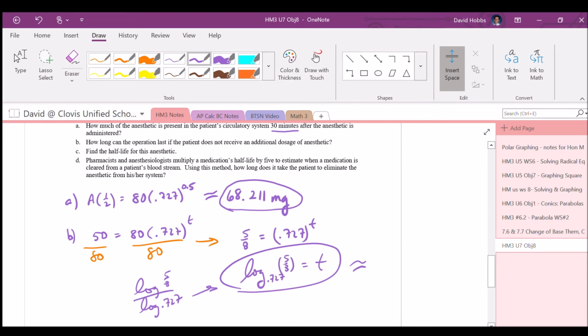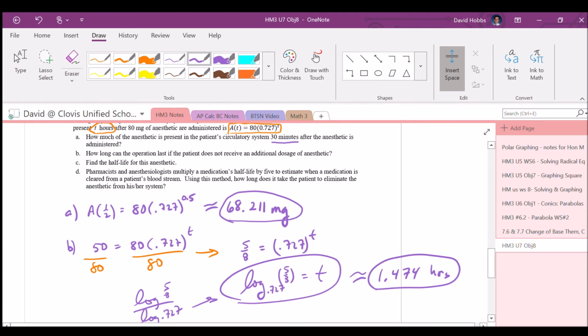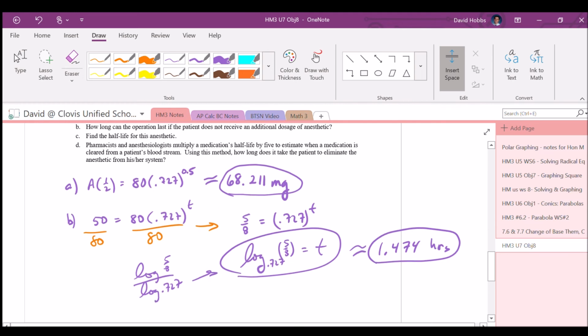Okay, so log 5/8 divided by log 0.727, and I've got 1.474, and T is in hours. If this was the test, you'd just get to leave it in hours, 1.474 hours.